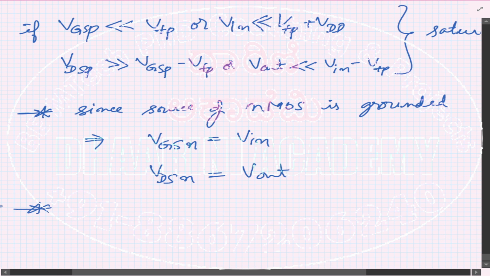Also, we will make another assumption so that we can update the above equations, whatever set of equations we have written.